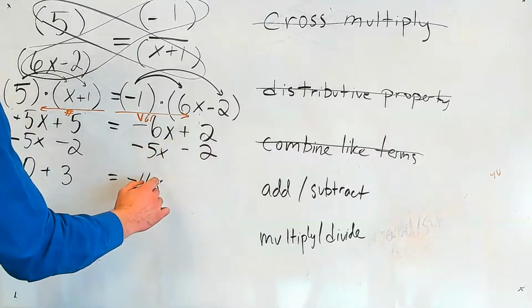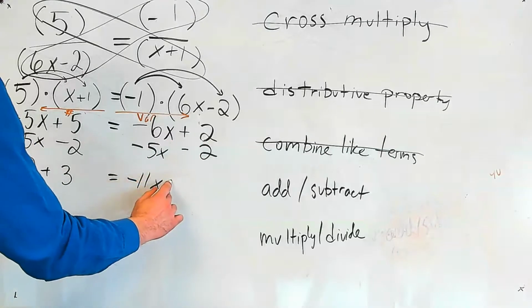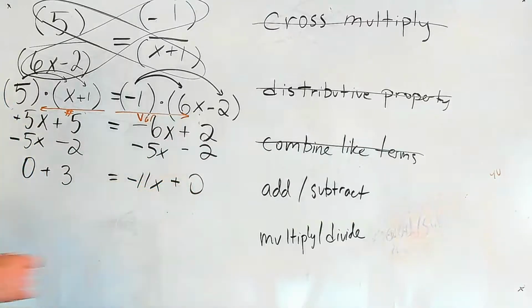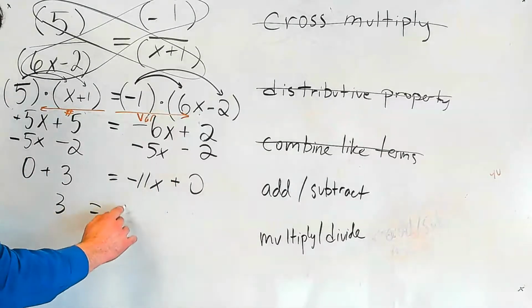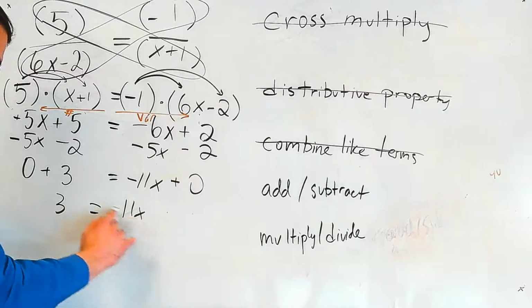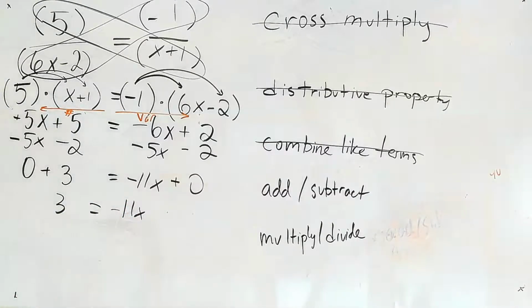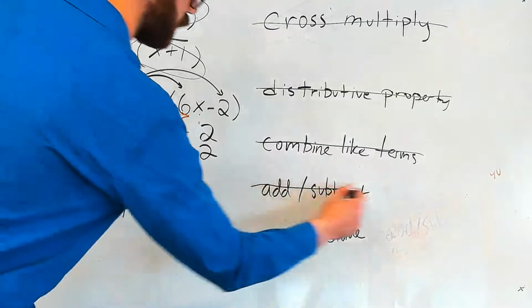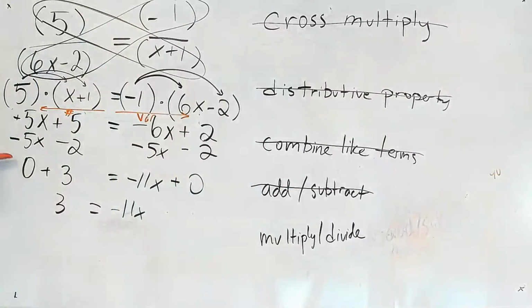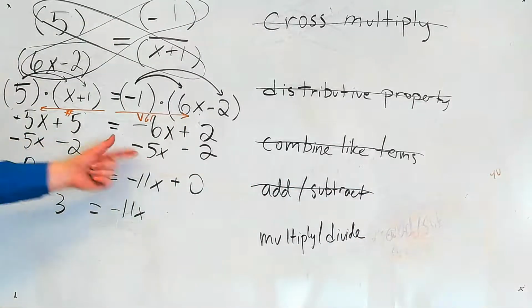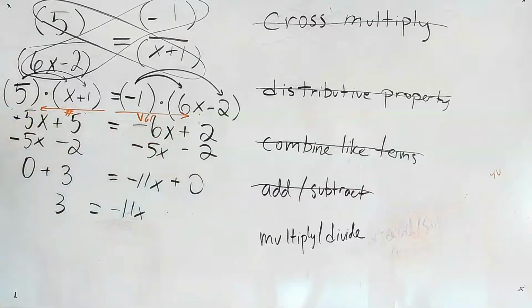And then plus 2 plus minus 2 equals 0. Let's simplify this a little bit. 0 plus 3 is 3. Negative 11x plus 0 is negative 11x. Okay. We are done adding and subtracting. We added and subtracted on both sides to move the variables to the right and the numbers to the left.